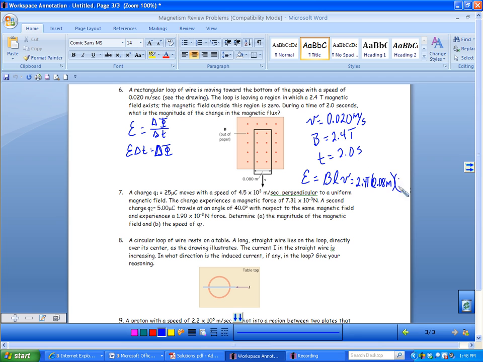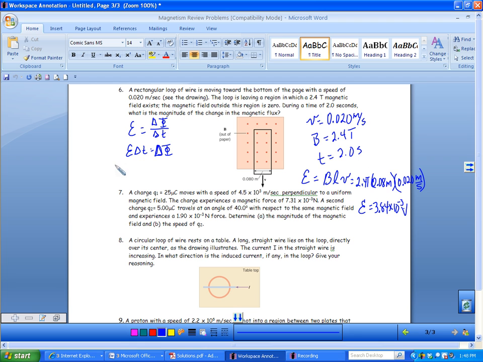And they're pulling it at a rate of 0.020 meters per second, which is not a very fast pull. So when I did that, I got the EMF to be 3.84 times 10 to the minus 3 volts.